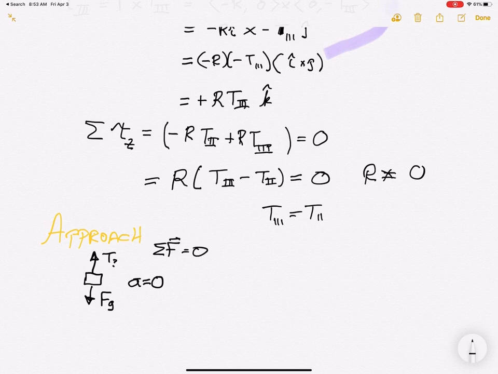So quickly we can find that T2 is just equal to the force of gravity on 2. And by an immediate extension, the tension in 3 has to equal the force of gravity acting on 3.